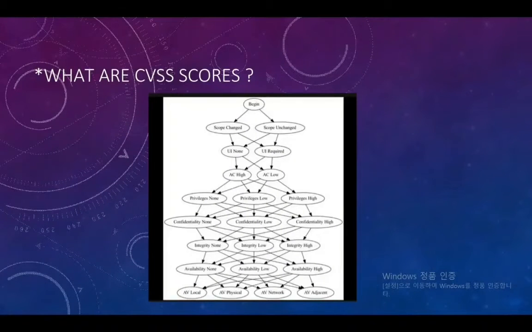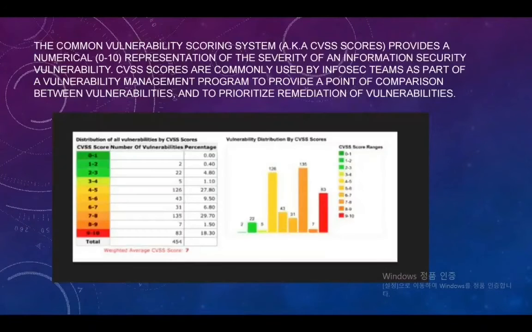What are CVSS scores? The Common Vulnerability Scoring System provides a numerical representation of the severity of an information security vulnerability.